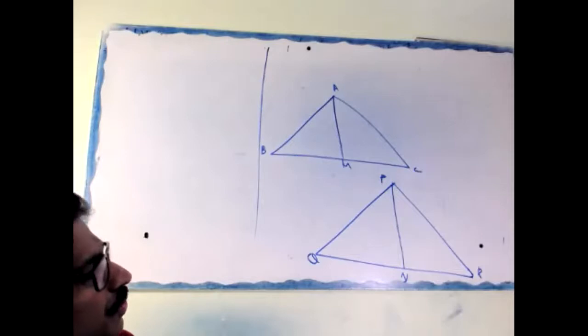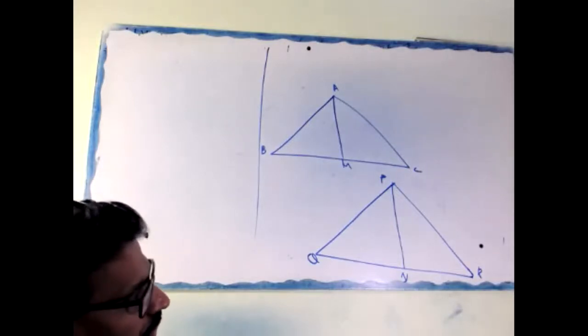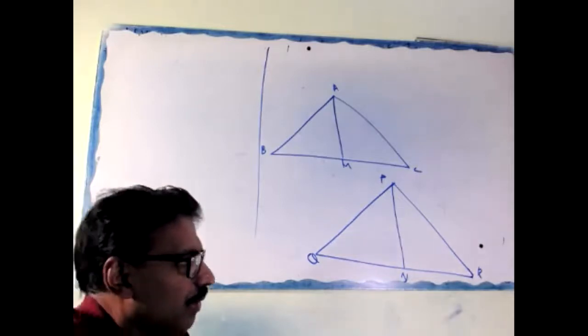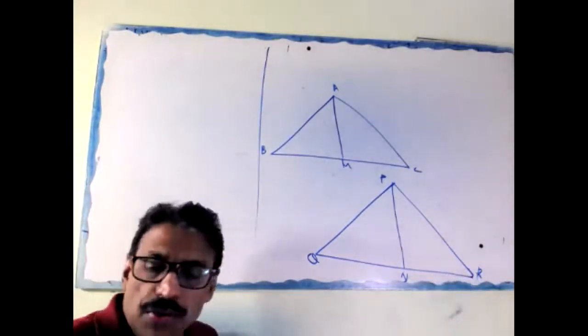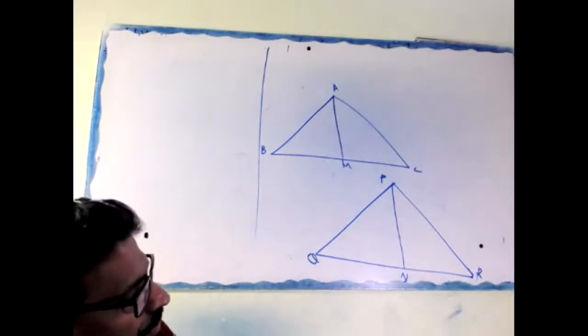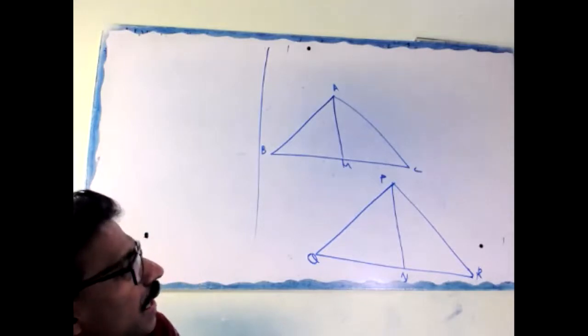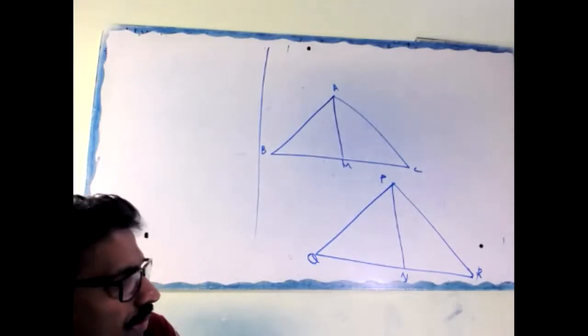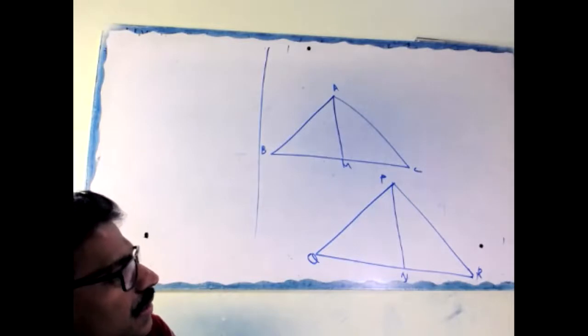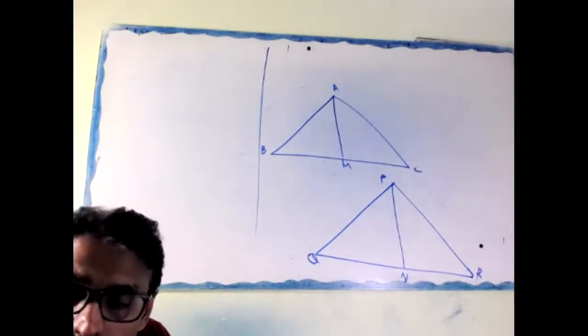AB equal to PQ, BC equal to QR, median AM equal to median PN. First, prove triangle ABM congruent to PQN, then triangle ABC congruent to PQR. And who all got this question?